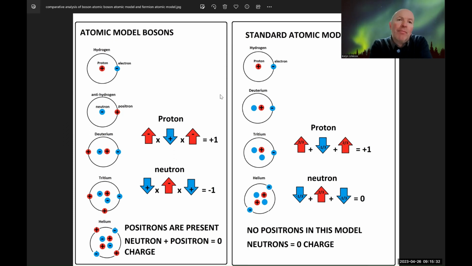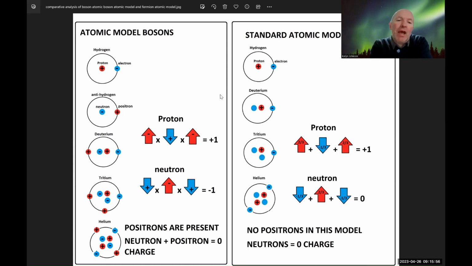So in the atomic model for bosons, here we have a model that shows that a neutron has an overall charge of -1. So how do we reconcile the difference between the standard model and the new atomic model for bosons that I'm using in the supersymmetry inversion system? Well, we add a positron.